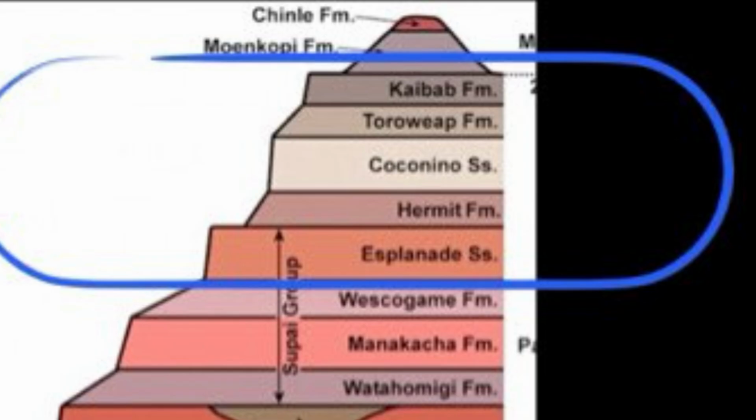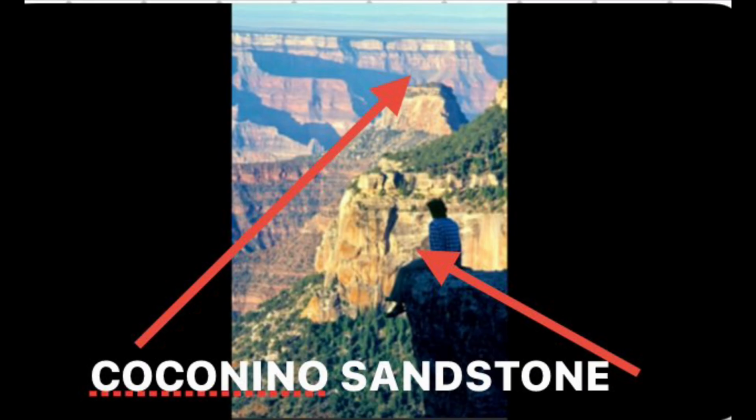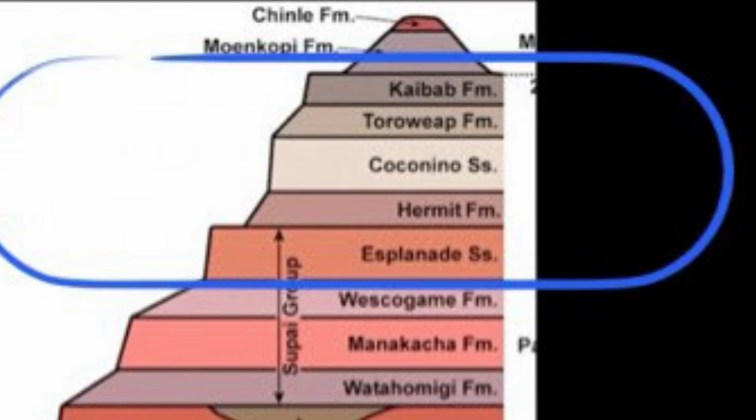And then drier conditions prevailed again, and we got the sand dunes that would become the very picturesque Coconino sandstone layer. Coconino sandstone is one of the two lighter layers that you see near the very top of the Grand Canyon. During late Permian time, the sea began to rise again in a marine transgression.